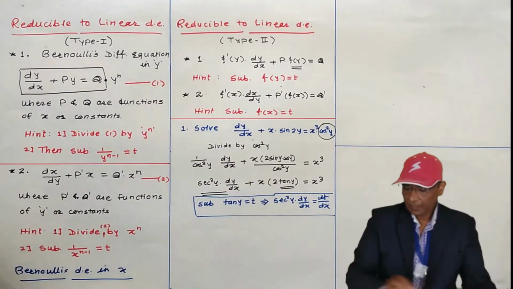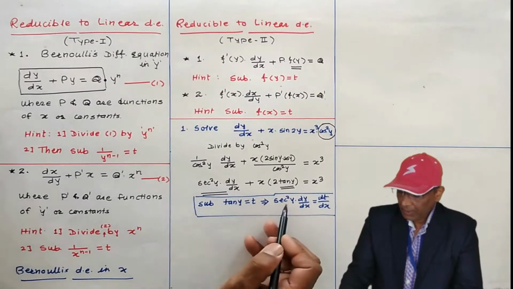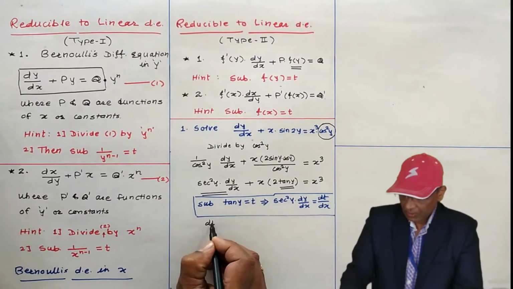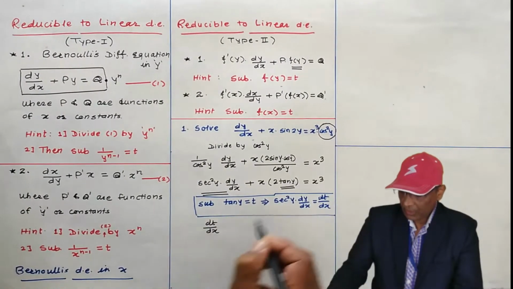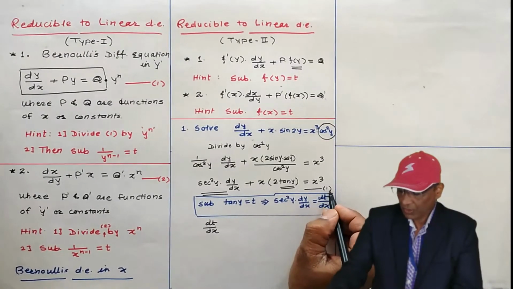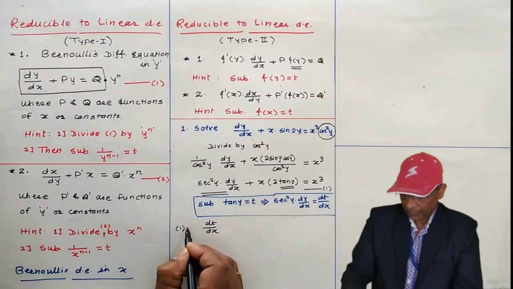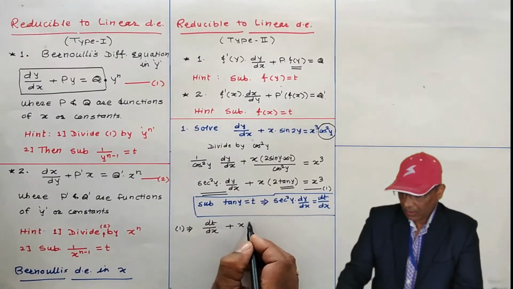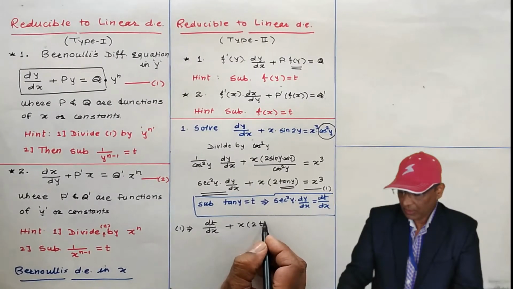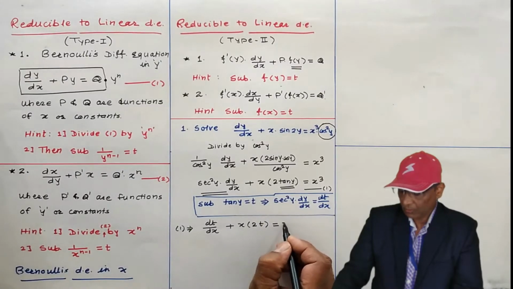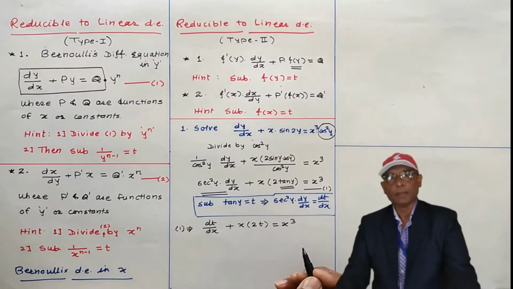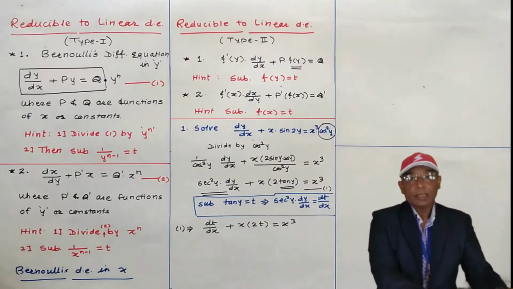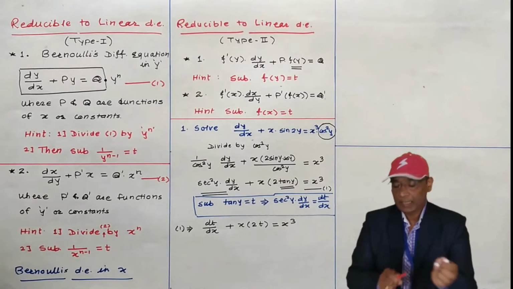Sec square y dy by dx is replaced by dt by dx. This is our equation 1, and equation 1 implies dt by dx plus x into 2 tan y, that is t, equal to x cube. Now this is a linear differential equation in t.